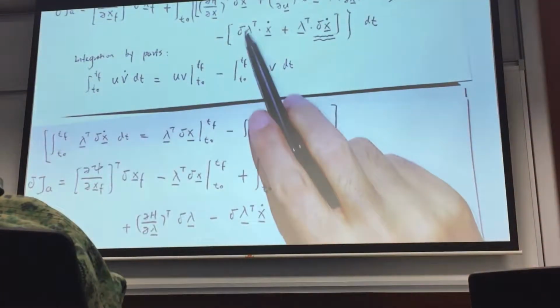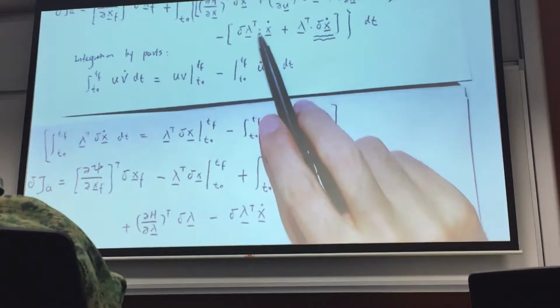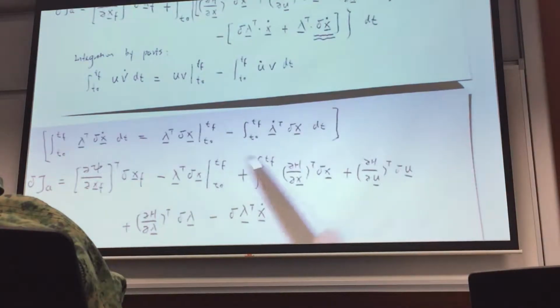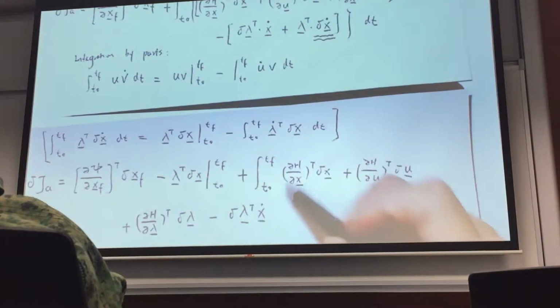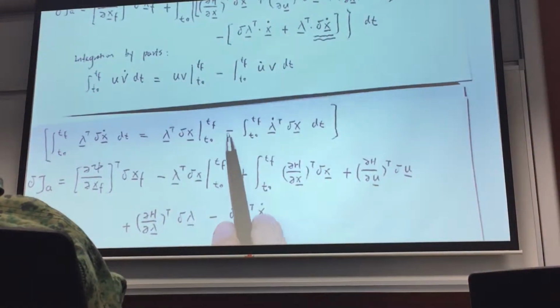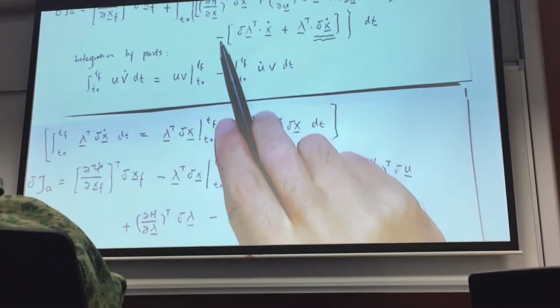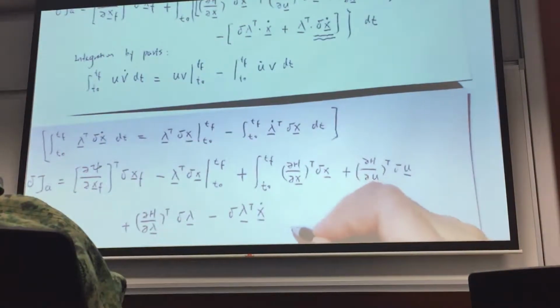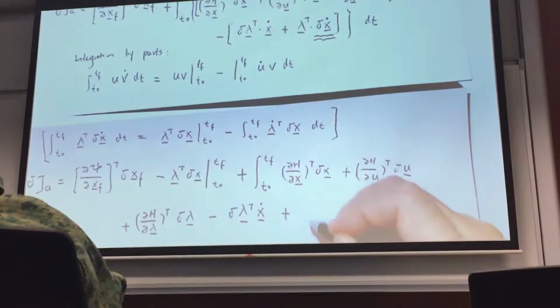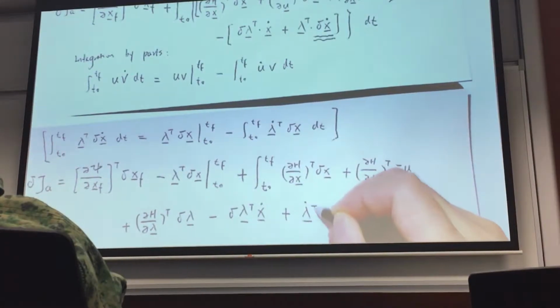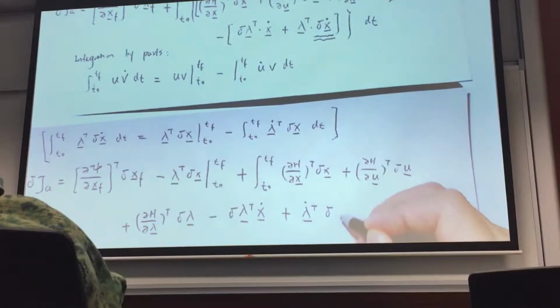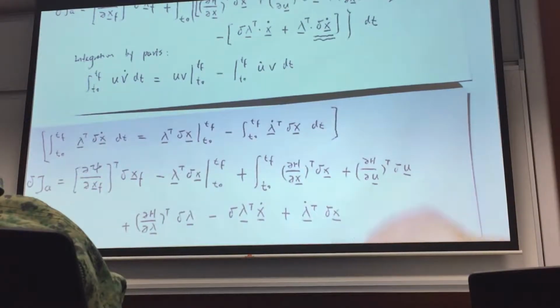So this is the term from here, and our last one is the term from the integration by parts, and here is a minus, and we got another minus here, so we got a positive lambda dot transpose delta x.